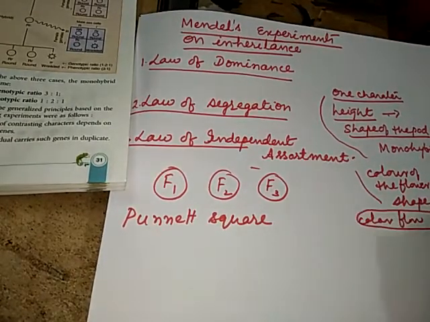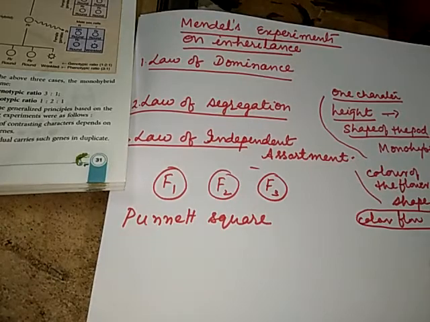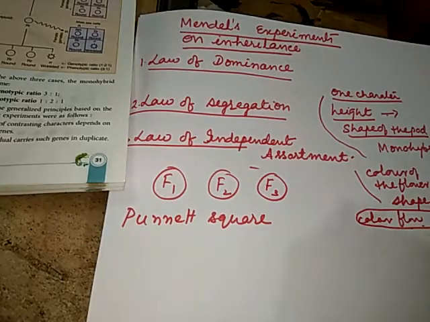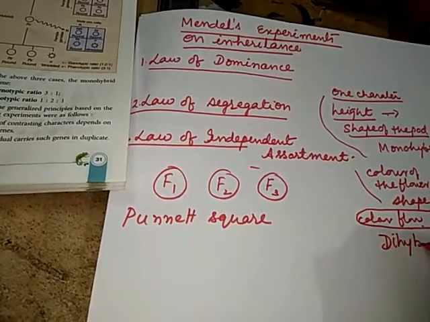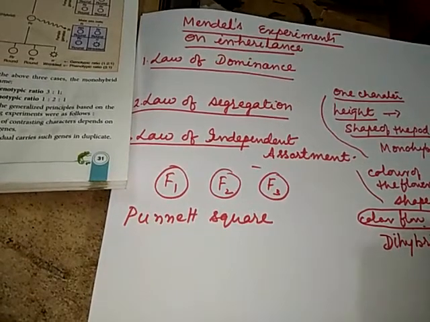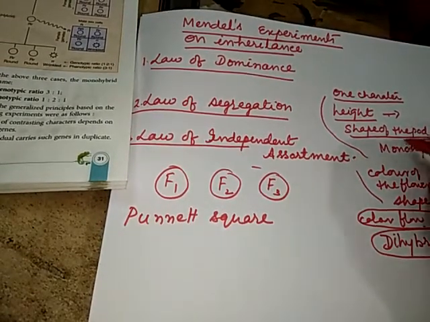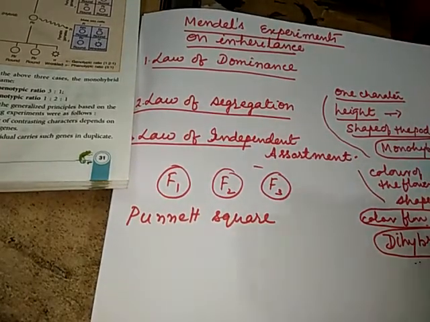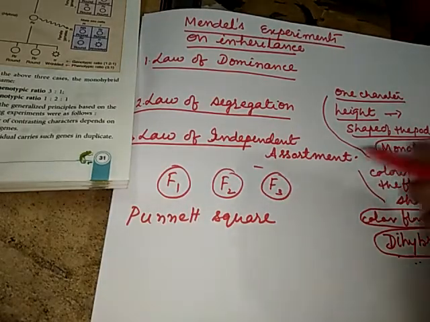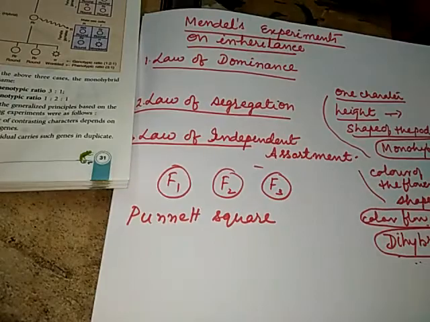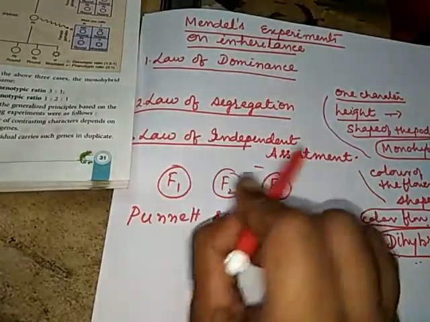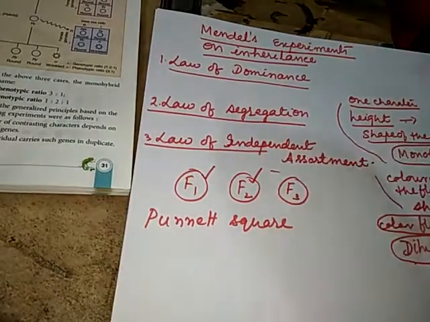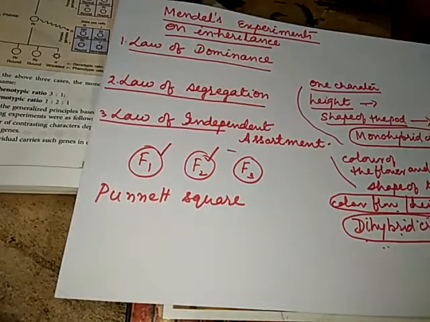Two characters of one parent crossing with two characters of the other parent, taken under the Punnett square, is called a dihybrid cross. We will see the dihybrid and monohybrid crosses with the help of the Punnett square, along with Mendel's laws of inheritance, for the first filial generation and the second filial generation.